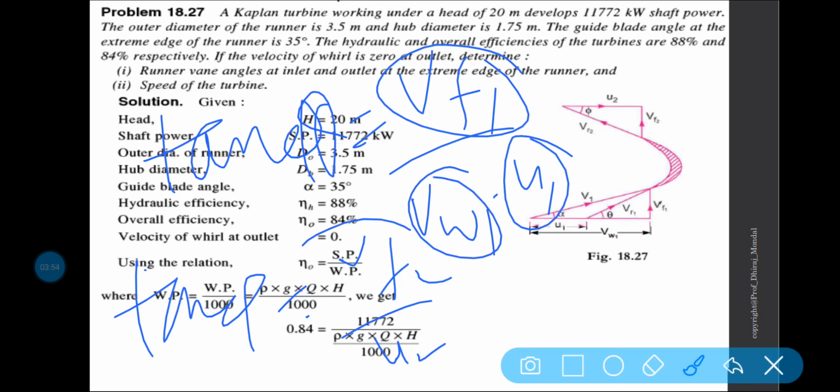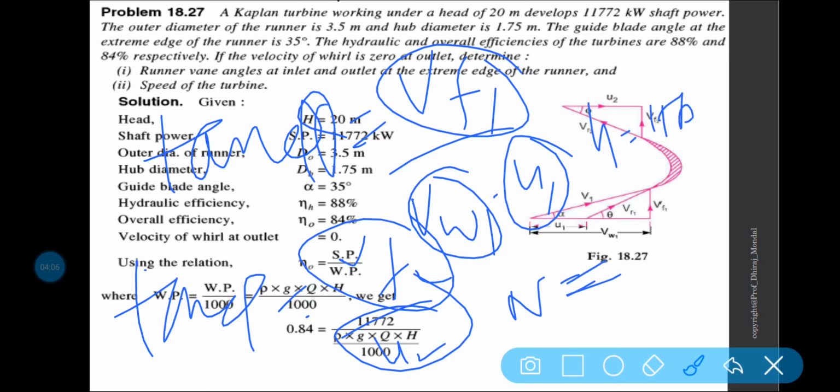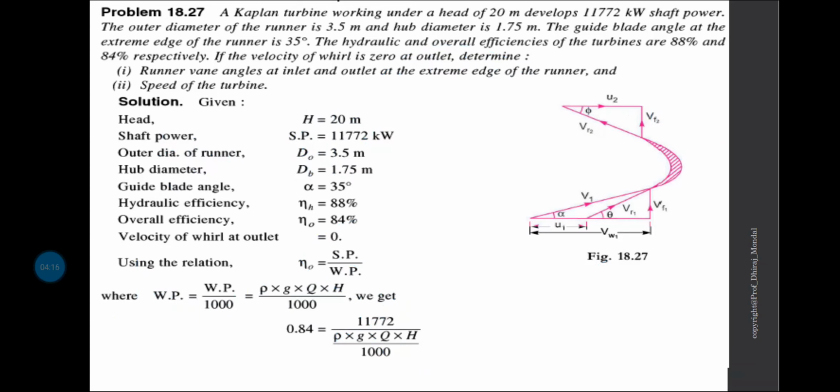To get phi, you need to find out Vf2 and U2. And to get n, what do you need to find out? We know that U is equal to pi D naught n by 60, so to get n you need to find out D and U. Clear?